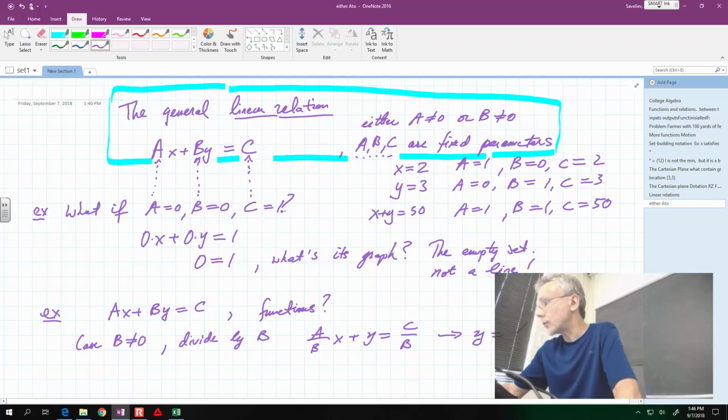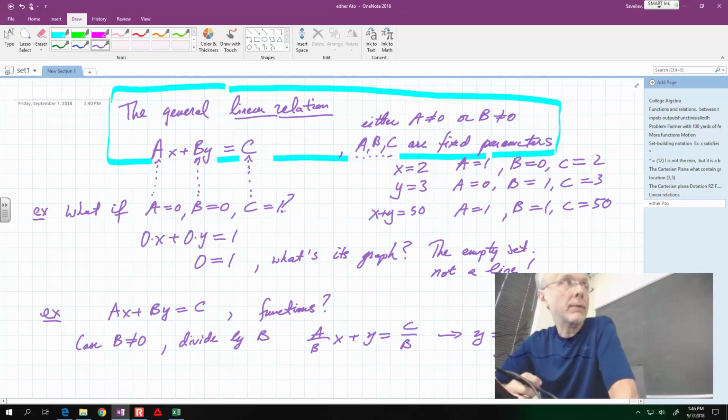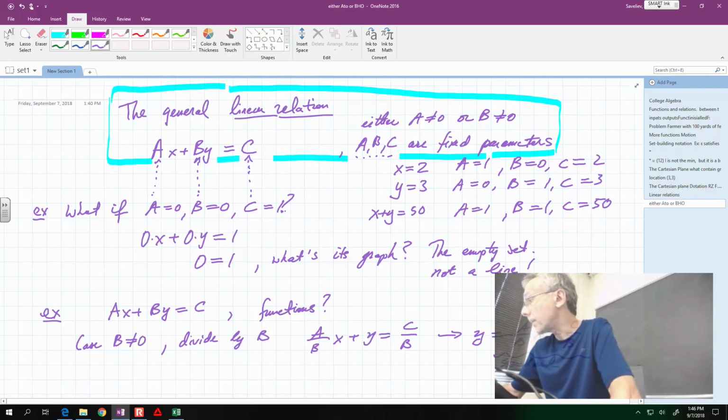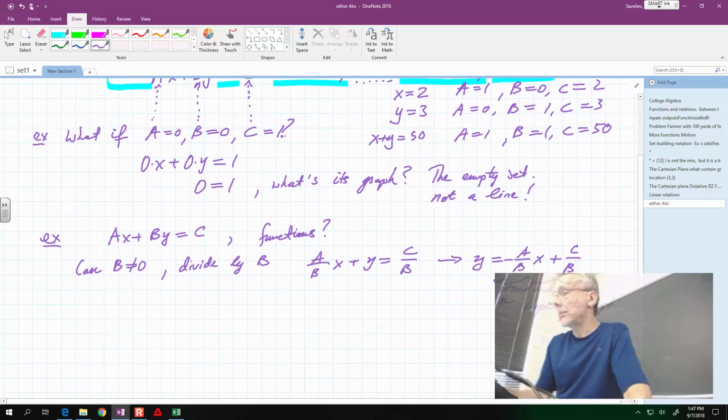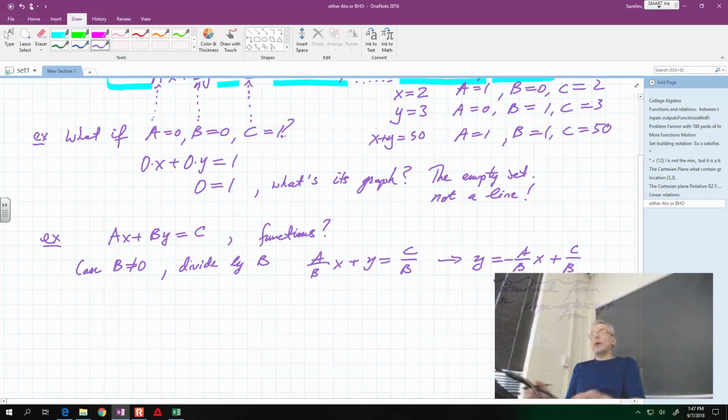So y is equal to A over B x plus C over B. Once again, that's the standard form, also known as the slope-intercept form. Slope, the first number, and y-intercept, the other one. So as long as B is not equal to 0, we can represent the function in that manner.